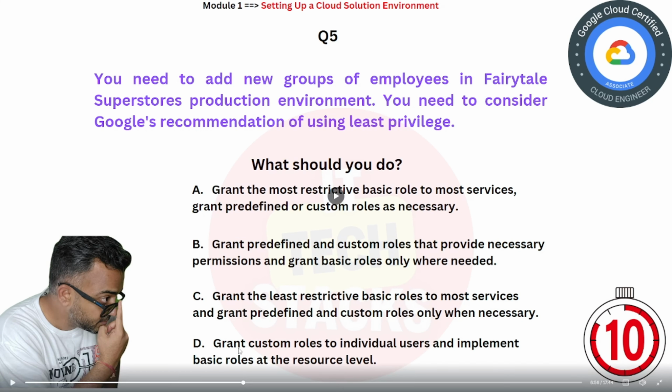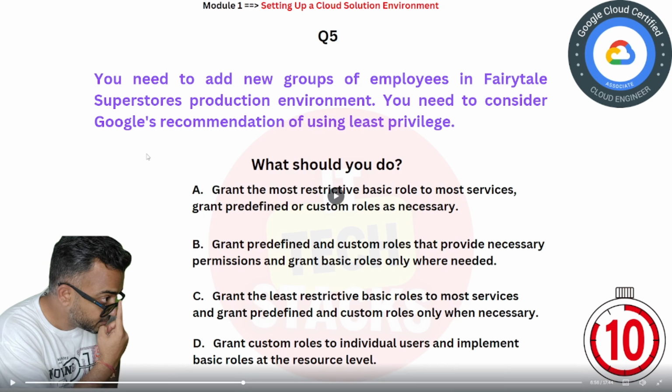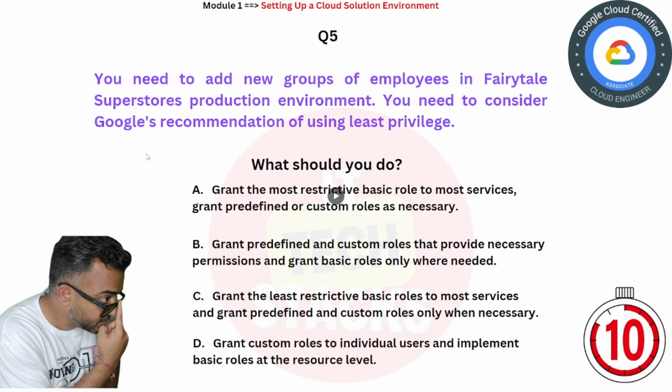Option D, grant custom roles to individual users and implement basic roles at the resource level. Which option is correct? Just to reiterate the question, you need to add new groups of employees in Fairy Tale Superstore's production environment, and you need to consider Google's best practices of using least privilege. You will have 10 seconds to answer this, and your time starts now.